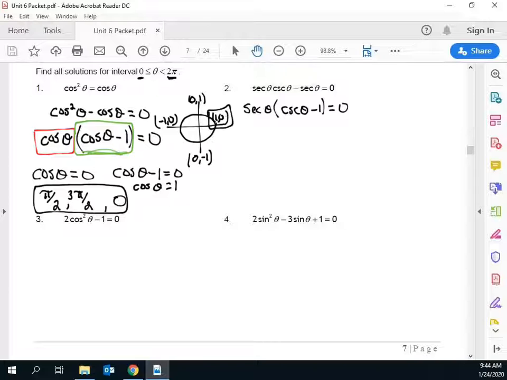Do the same thing we did before. All right. Secant of theta. Secant is 1 over what, guys?